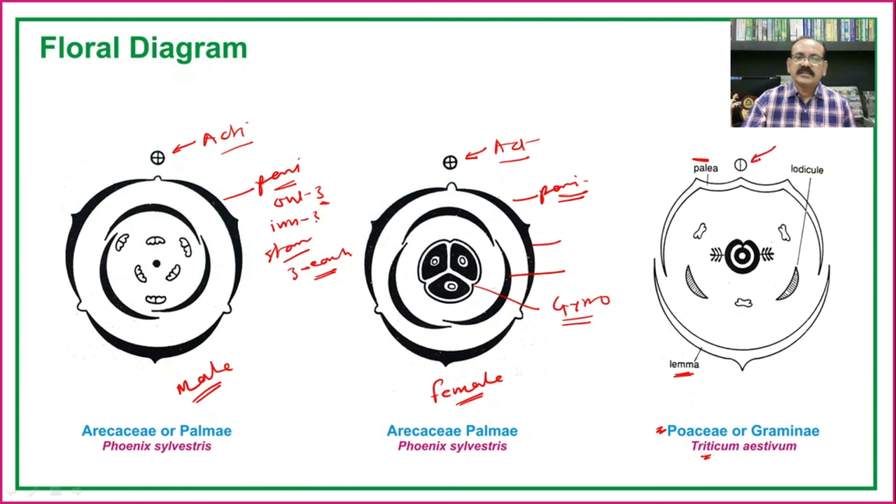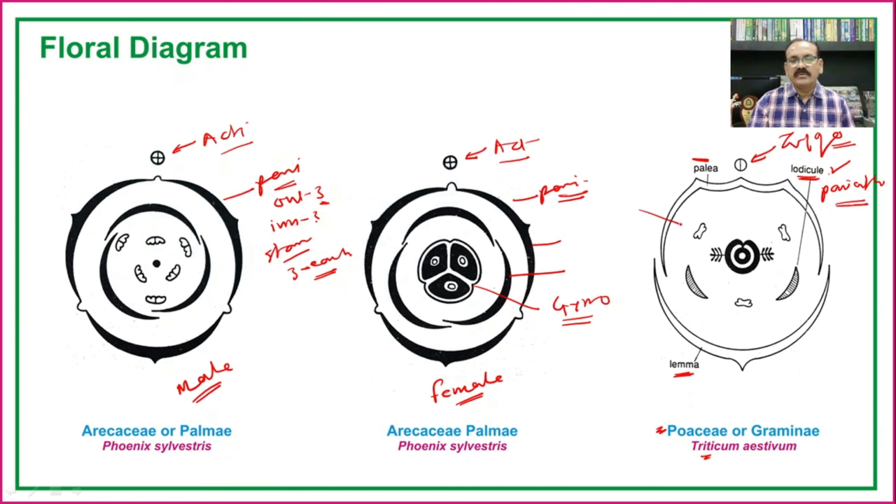The flower is zygomorphic. Here there is a presence of two fleshy bodies at the base of the ovary, known as lodicules. It is nothing but the reduced form of the perianth.